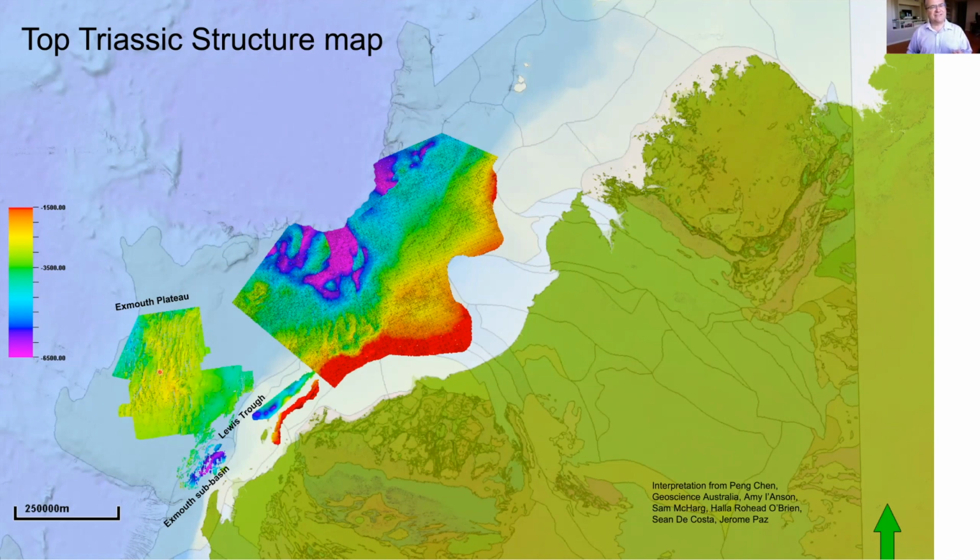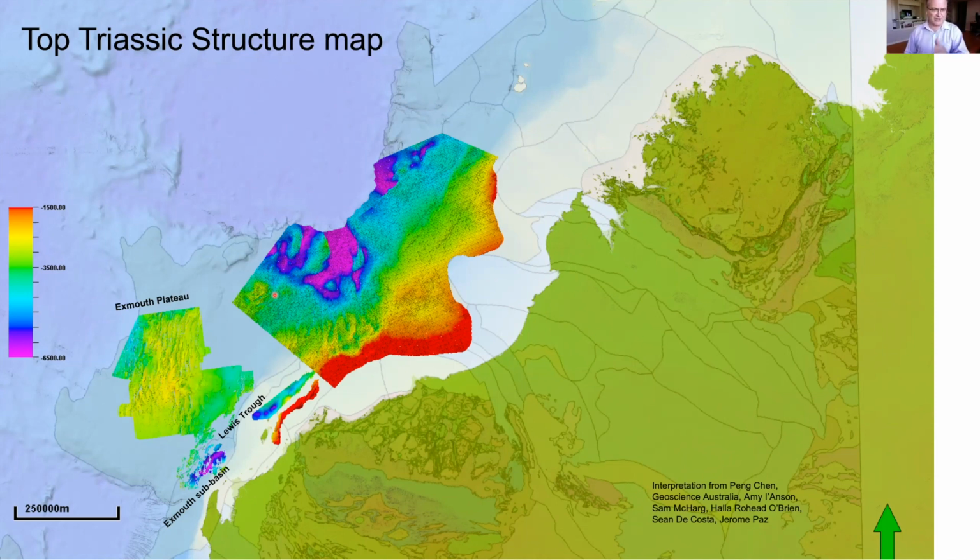that fault activity initiates in the latest Triassic to the Berriasian in the western parts of the Exmouth Plateau, and work from BHP also suggests the same for the Exmouth subbasin. It then becomes younger towards the east, occurring in the Lower Jurassic in the Dampier subbasin. Central parts of the Exmouth Plateau are not occurring until the Callovian, when you get over to the eastern parts of the Exmouth Plateau.